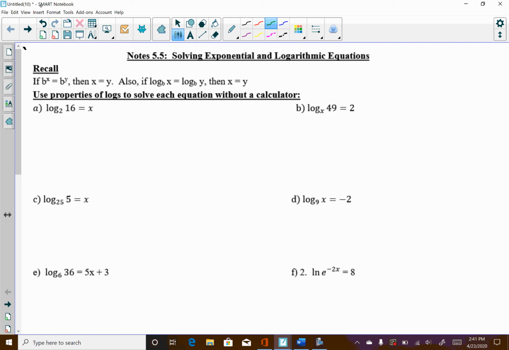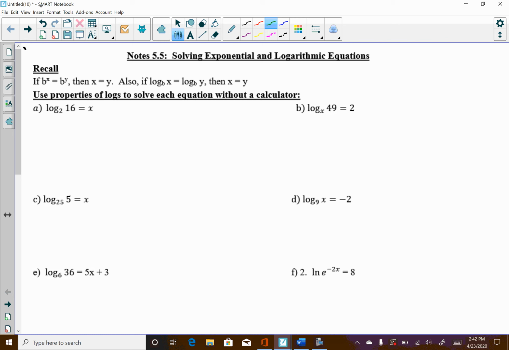Okay, so here in section 5.5, we're looking at solving exponential and logarithmic equations. Many of the techniques that I use in this video for solving these equations utilize the properties that we've discussed leading up to this section. Those are the properties where we were expanding and condensing logarithms in the previous section, and recognizing that a log with no base shown is base 10 and natural log is base e.